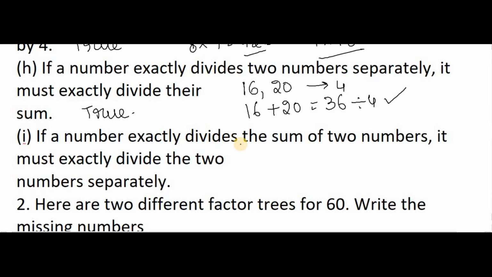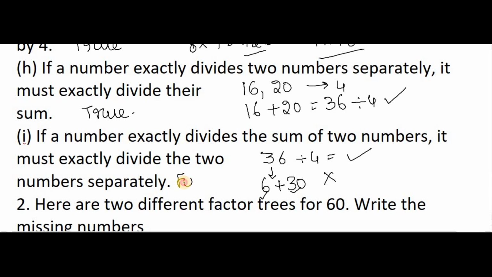If a number exactly divides the sum of two numbers, it must divide the two numbers separately. What is the question he asked here? The same thing he asked in reverse. For example, the addition of two numbers is 36, yes, but 36 can be written not only as 16 and 20, I can write 36 in another manner also. 6 plus 30 also I can write, but 6 and 30 will not be divisible by 4.